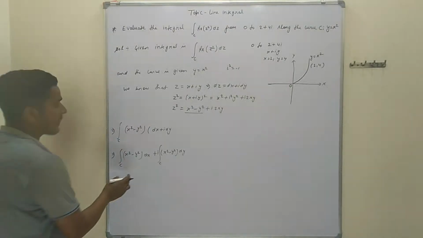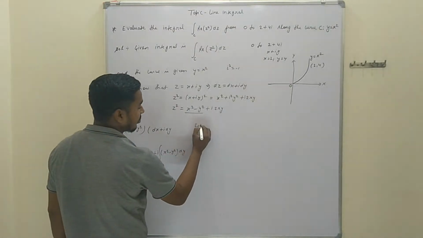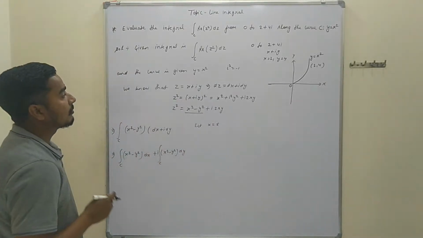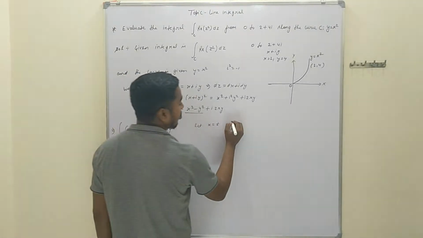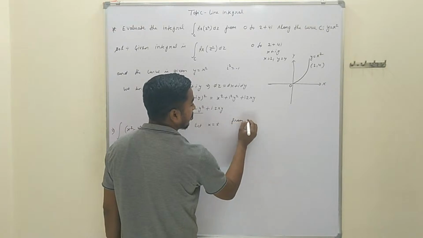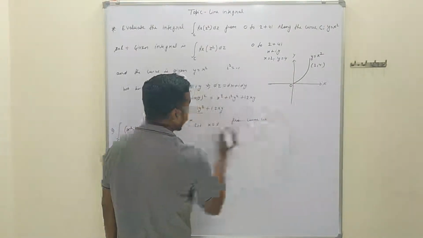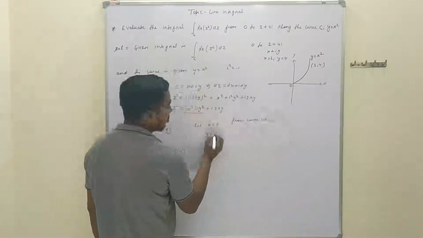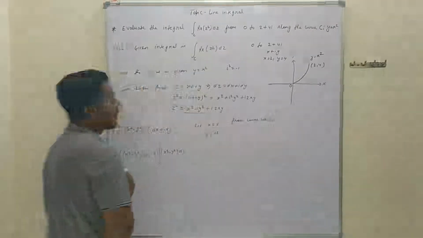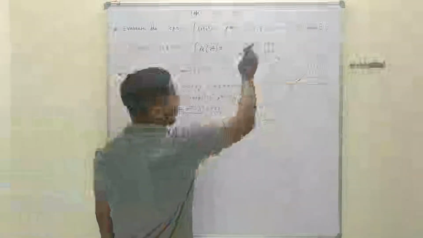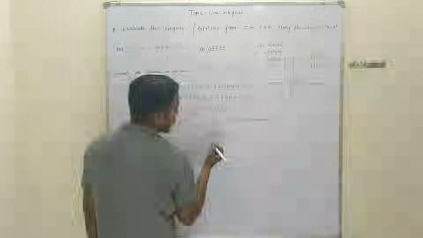First we let x equal t. Then from the curve we get y equals t squared. We have to consider the limits, only the real part of the limit.